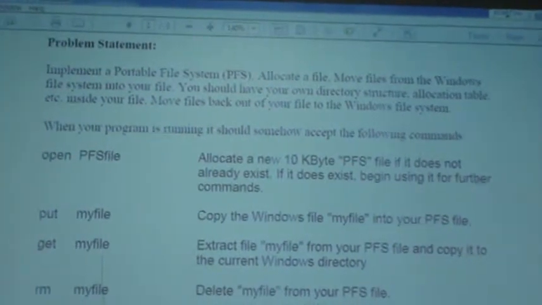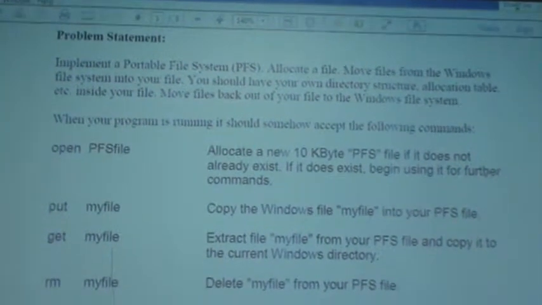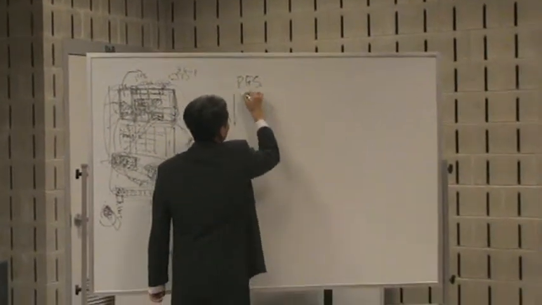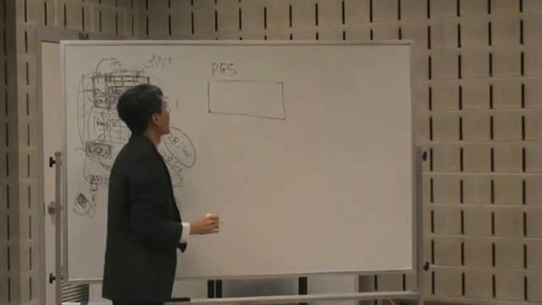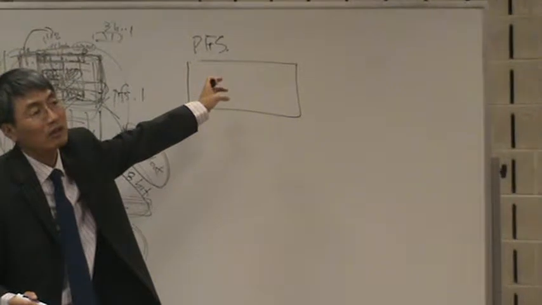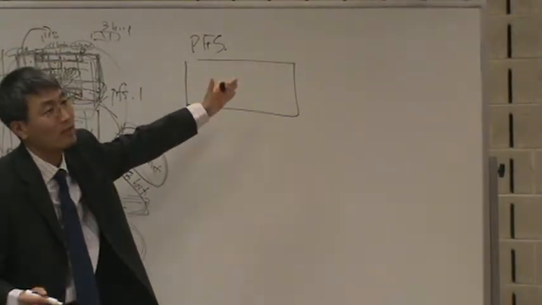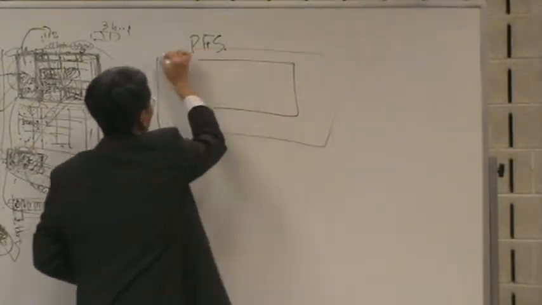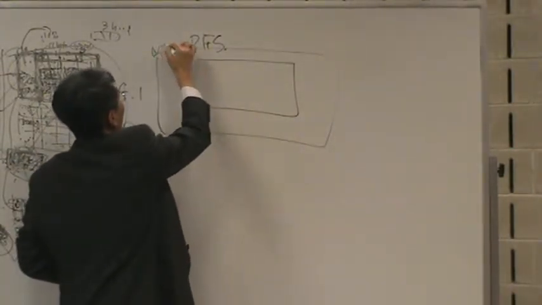So you are going to implement the file system PFS, the port over file system. Let's say this is your file system, which is created in your operating system. In your operating system, you are using, for example, NTFS.